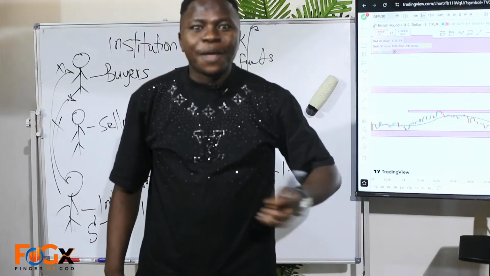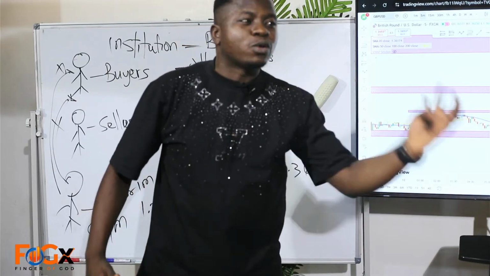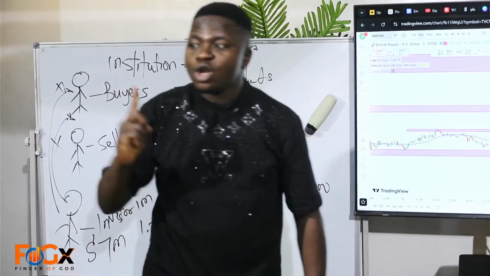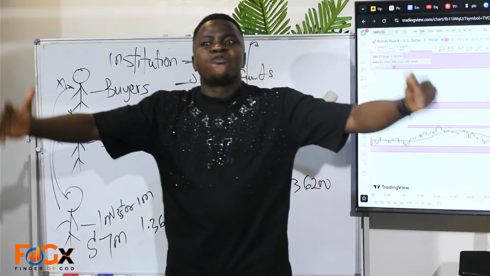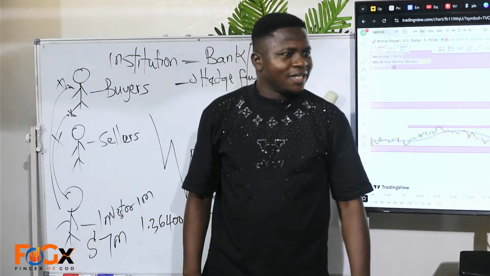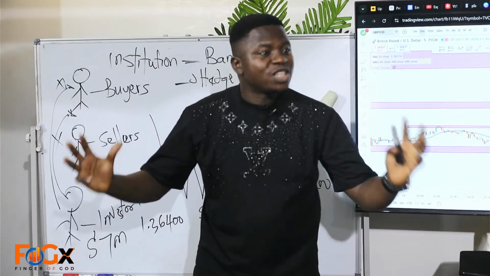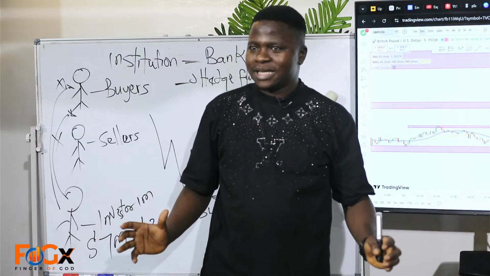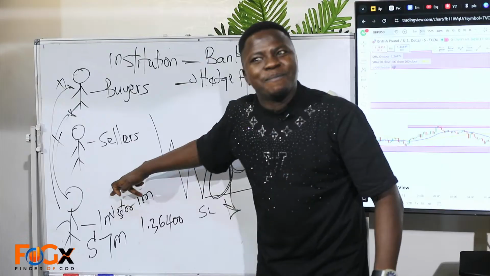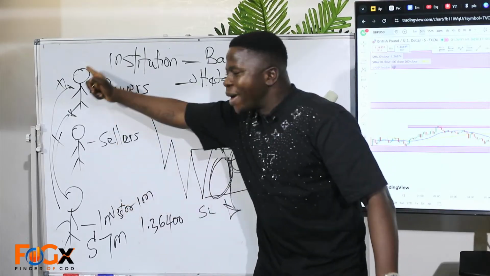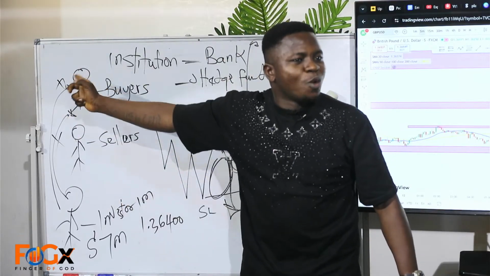Those offices, they pay hundreds of thousands of dollars monthly, not yearly, monthly. And they have staff of over 1,000. They are paying these guys tens of thousands of dollars. And it is from these guys' money that they will make profit to facilitate and continue to make their business run.